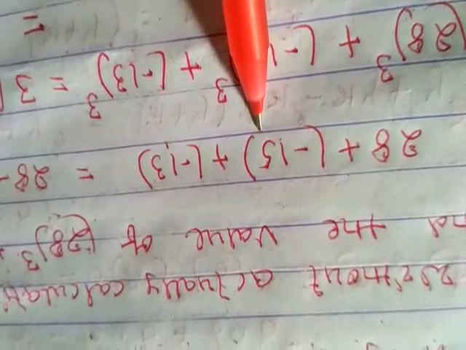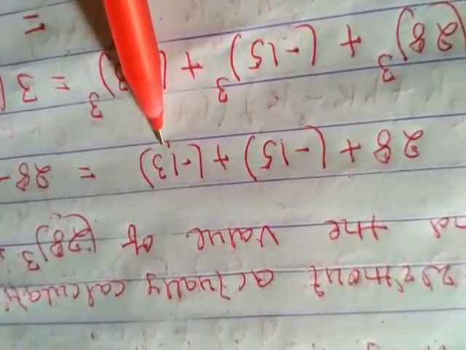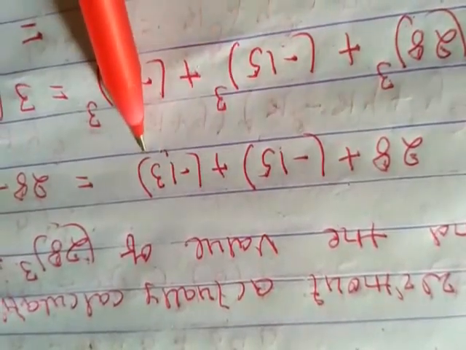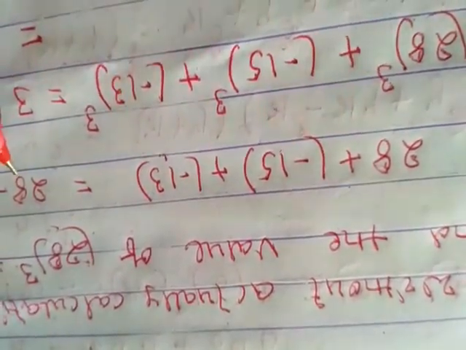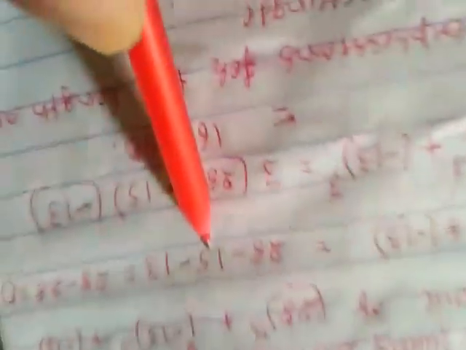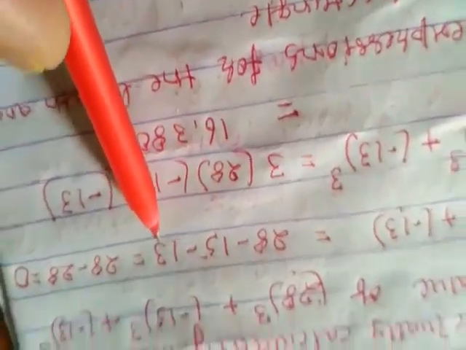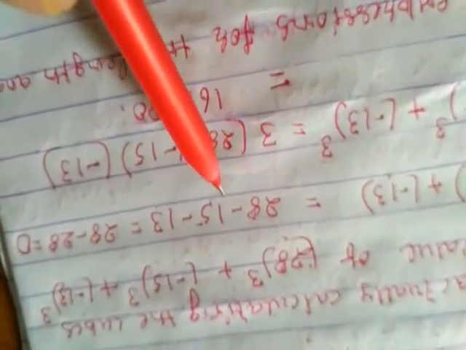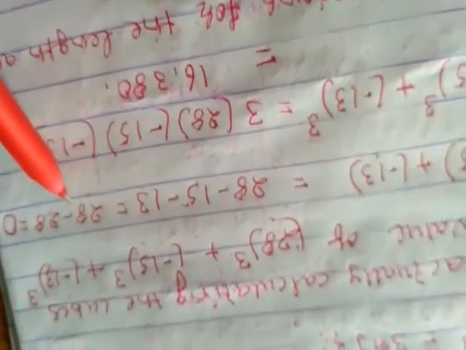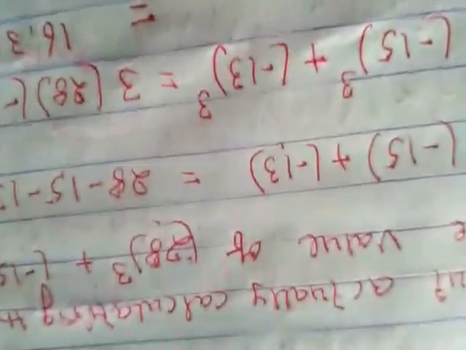So when you add it together, you will have 28 plus minus 15 minus 13. Ultimately its sum will be 28 minus 28, which is equal to 0. Hence we see that the value of x plus y plus z equals 0 here.